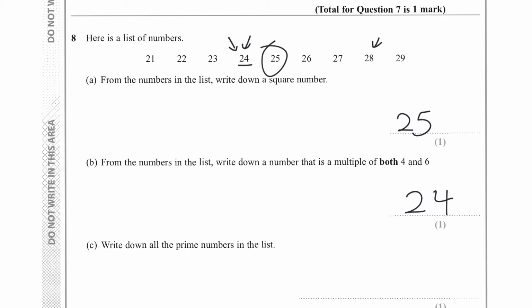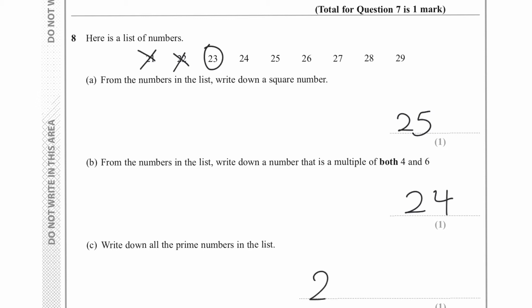Okay, so then it says write down all the prime numbers in the list. Remember, prime numbers are numbers that can only be divisible by 1 and itself. Having a look at this, 21 is not a prime number because it can be divided by 7 and 3 as well. 22 is not a prime number because it can be divided by 2 and 11, so more than 1 and itself. 23 is a prime number.